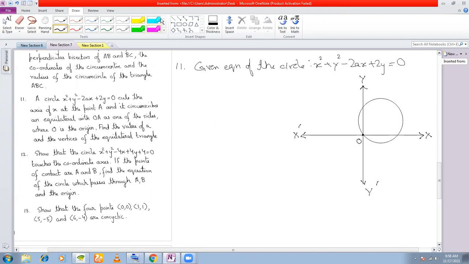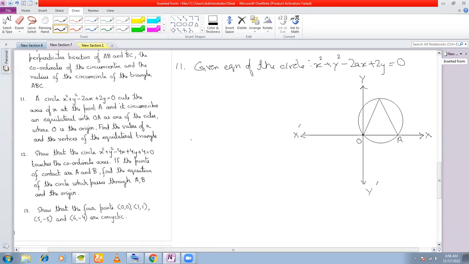Okay, now since it circumscribes an equilateral triangle, it intersects the x-axis at the point A. So this clearly is your point A, and OA as one of the sides of the triangle. That means if OA is one of the sides of the equilateral triangle, we construct an equilateral triangle something like this, right? Fine.